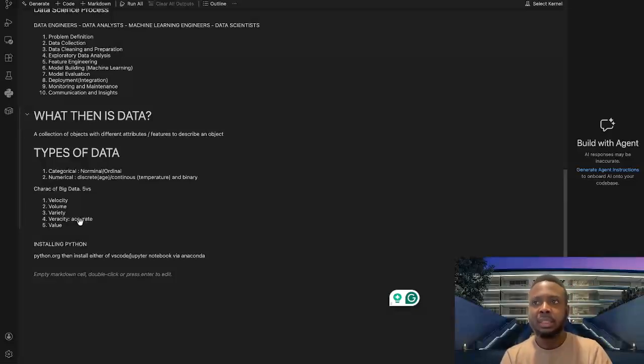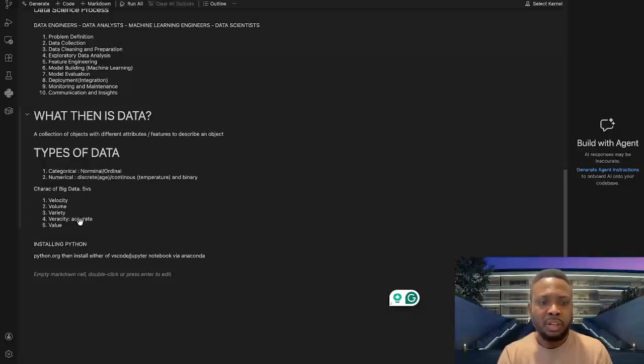Number 1, you can decide to install VS Code. Number 2, you can decide to install Jupyter Notebook. Number 3, you decide to use Google Colab, which is an online IDE for Python, where you don't have to download the app. You just go on Google and type Google Colab, and just create an account you can use.